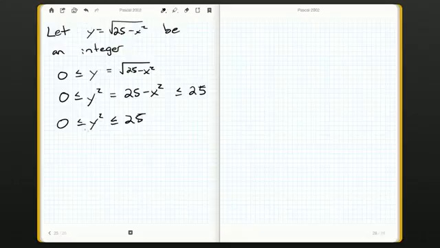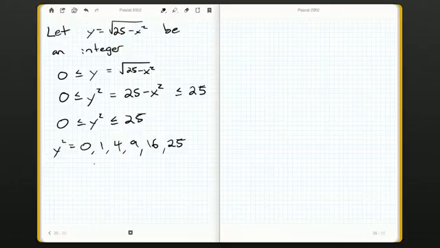And if I were to take a look at all my possible y values, I'm looking for y squared to be a perfect square. I could have y squared is equal to 0, or 1, or 4, or 9, or 16, or 25. These are my only possibilities for what 25 minus x squared can be.